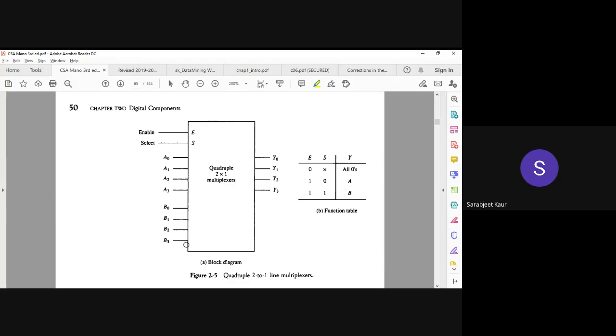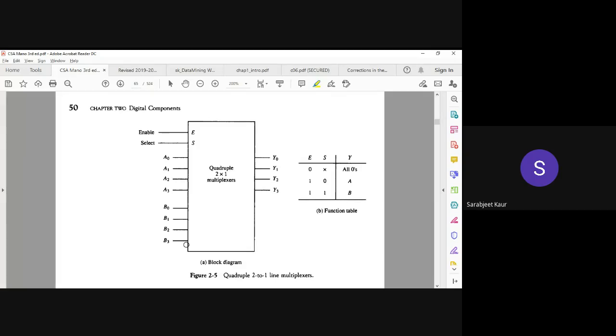The first thing you'd like to ask me is, what do we mean by a quadruple 2x1 multiplexer, right? We've already encountered this term earlier, that is a quad. If you remember, we said a quad means a set of 4. So quadruple 2x1 MUX naturally translates to four 2x1 multiplexers built into one.